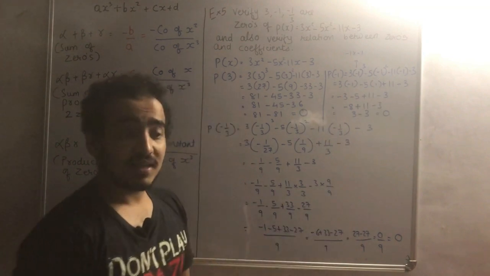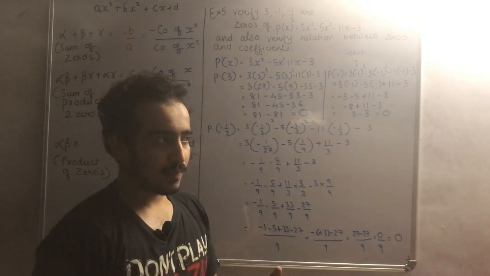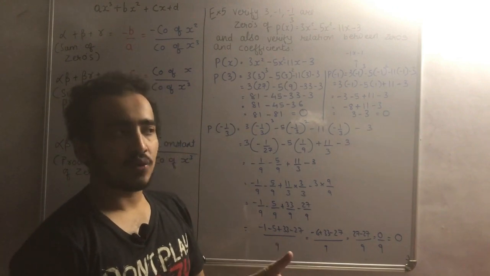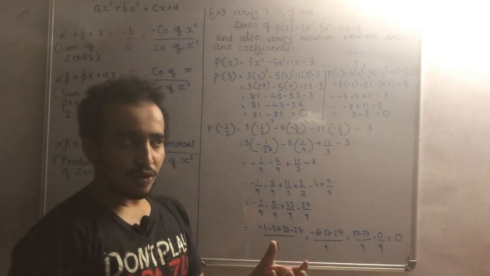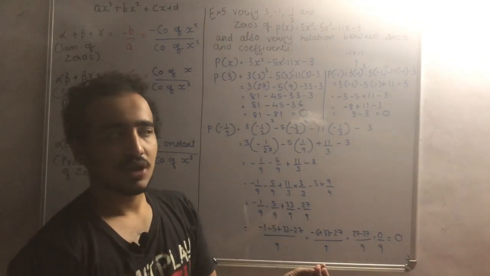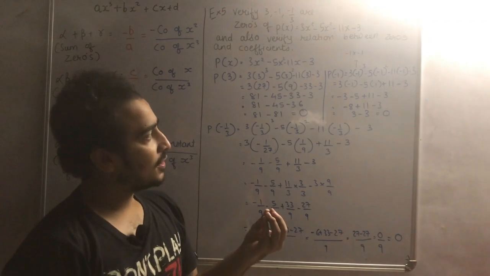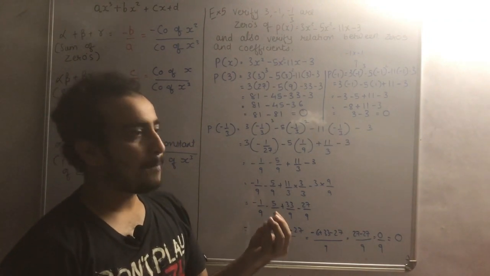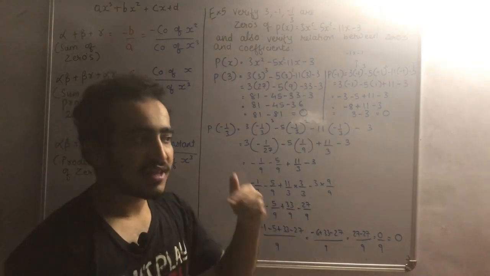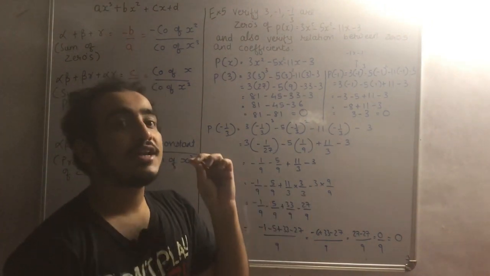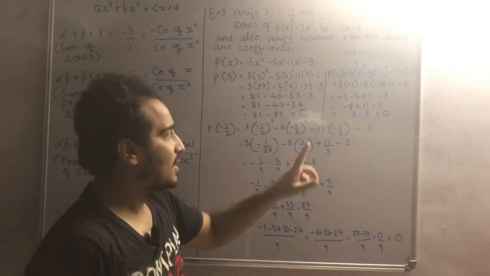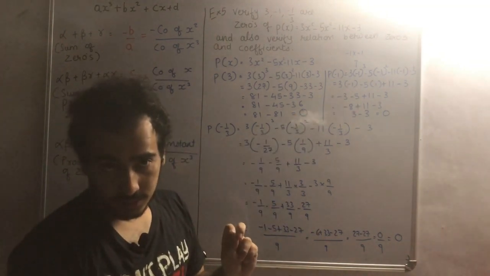So from this we can say, if we do a cube of minus 1, we get minus 1. If we do a square of minus 1, we get a positive 1. So we can say one thing: when the power of a negative number is odd, I am saying again, when the power of a negative number is odd, odd means 1, 3, 5, 7, then the answer is a negative number.